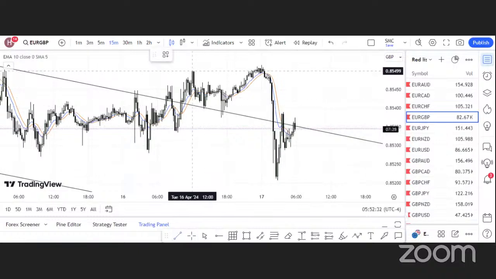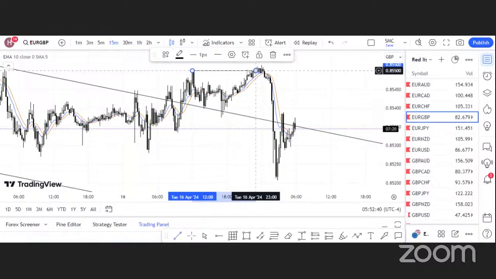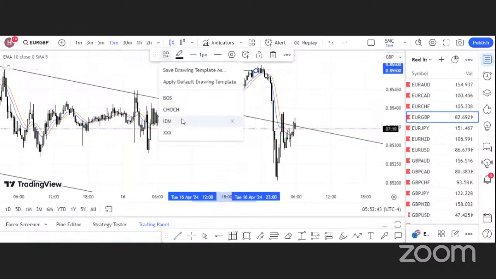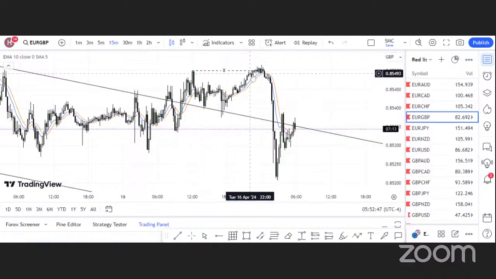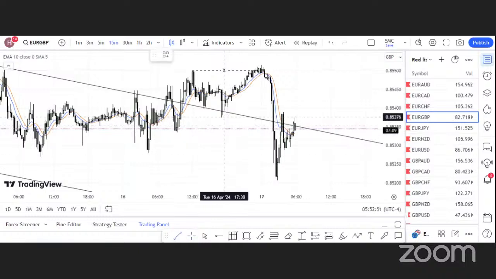All right. So let's analyze Euro GBP. So we have the market taking out liquidity here, and we have this move where markets change character.